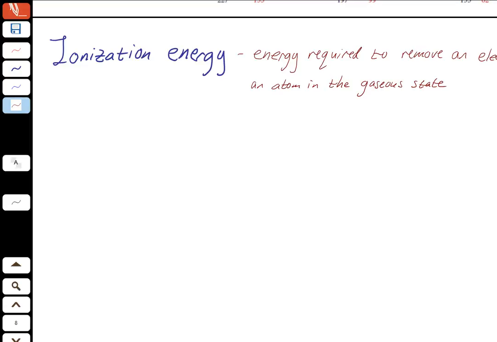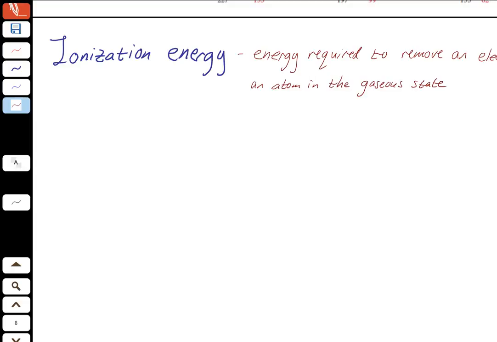The reason it's in the gas state, well, what do you think? Why do we measure quantities like this only from the gas state? Why does the atom have to be a gas in this case? What happens in condensed states?